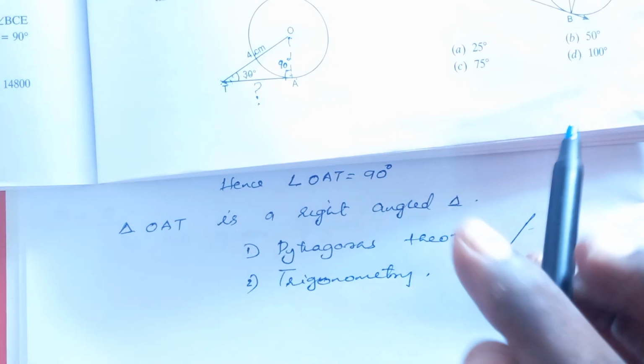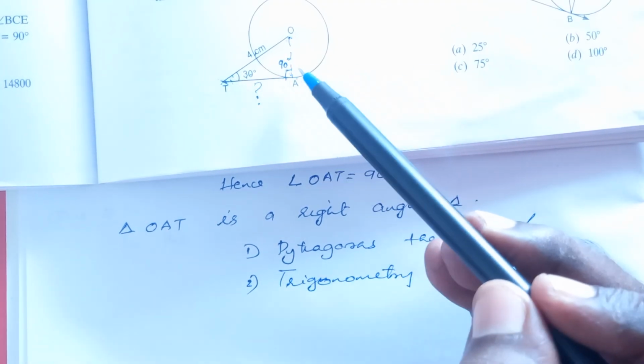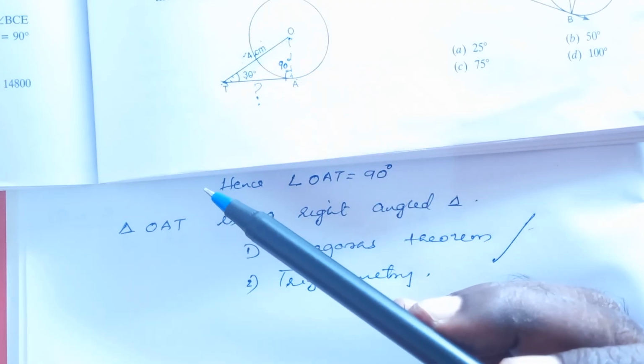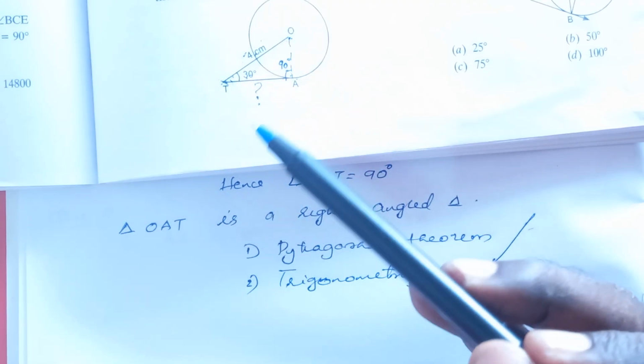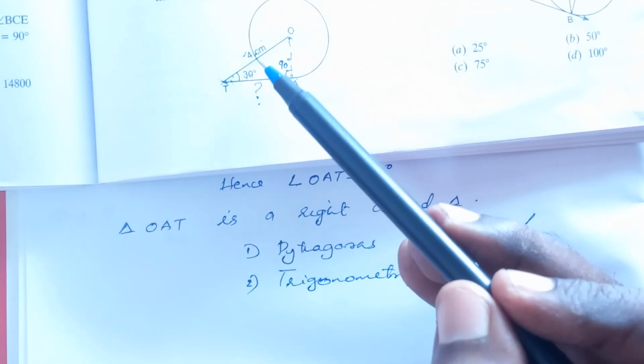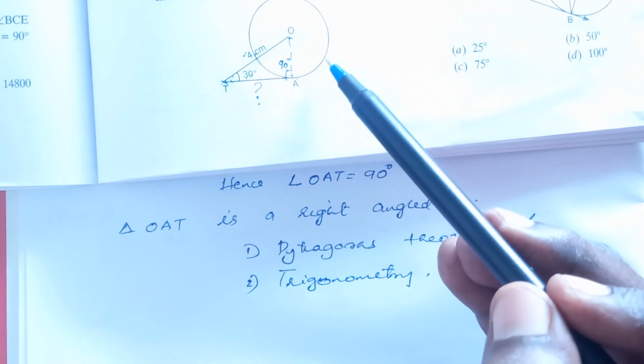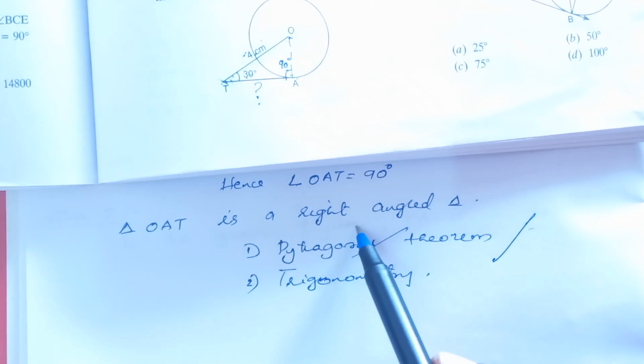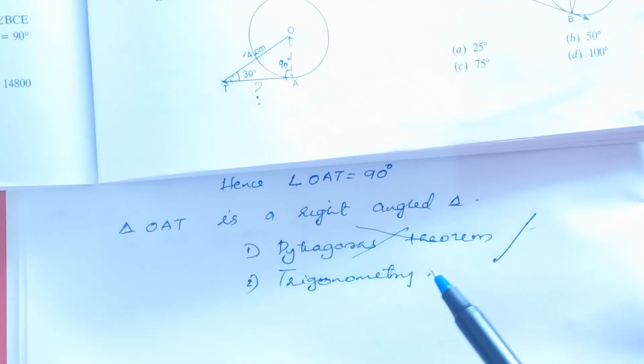In this case, Pythagoras theorem is not applicable. Why? Because we know only one side of the triangle. As per Pythagoras theorem, we need any two sides of the triangle to calculate the third one. But here we know only one side. So we need to go for trigonometry.